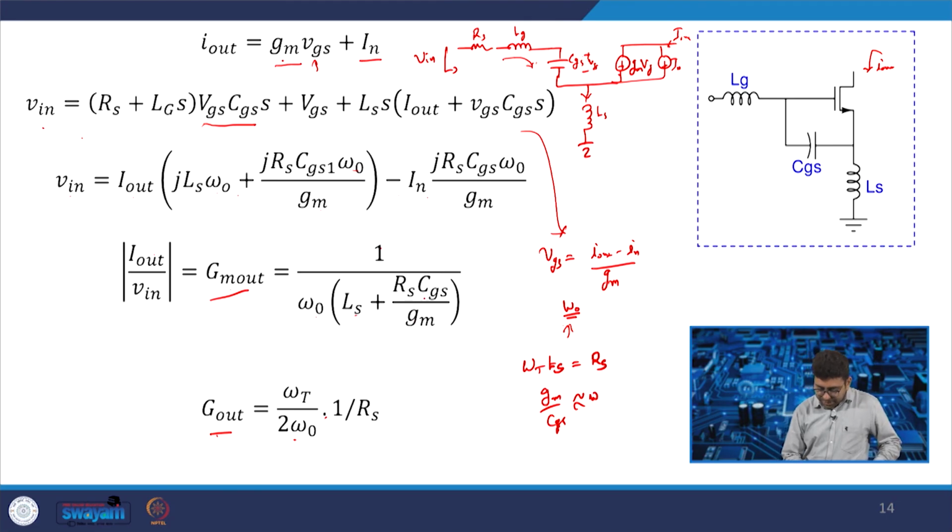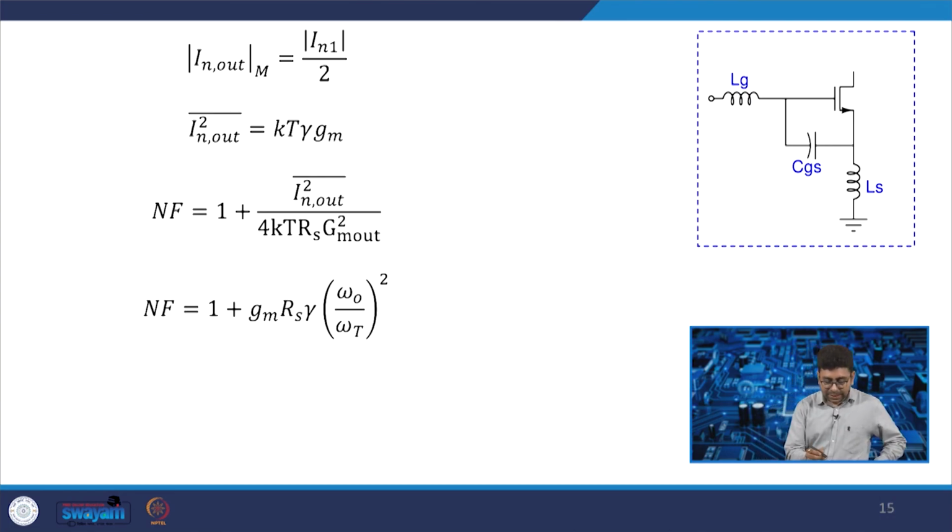So, here Gm by Cgs we can write as omega t. So, omega naught by omega t, and this omega t Ls is nothing but Rs. So, omega t by 2 omega naught into 1 by Rs. So, this is the output transconductance. Gm by Cgs here is omega t.